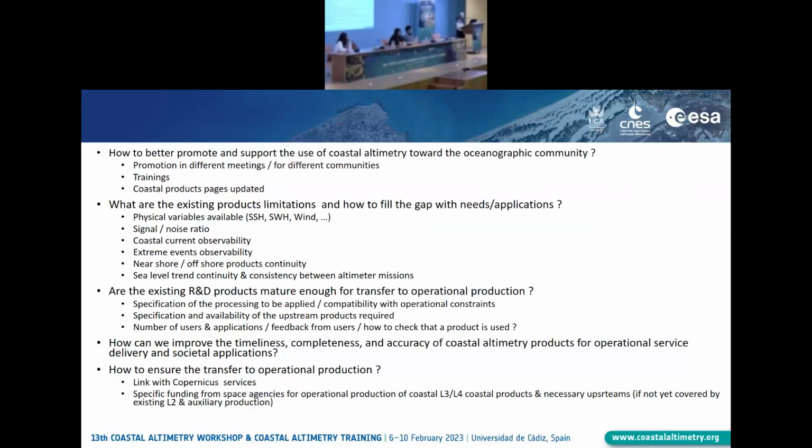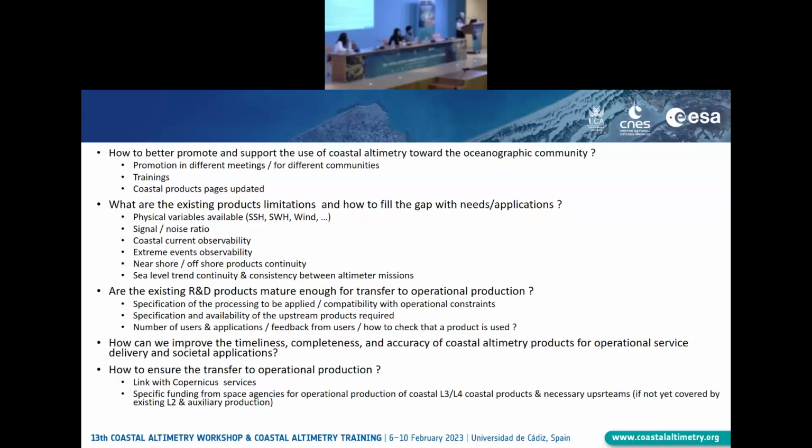In the Copernicus services, we also have high-level production that uses maybe level 2, level 2P or level 3 products from the different space agencies. And here again there is maybe another process to transfer the R&D to the operational services for this higher-level production.